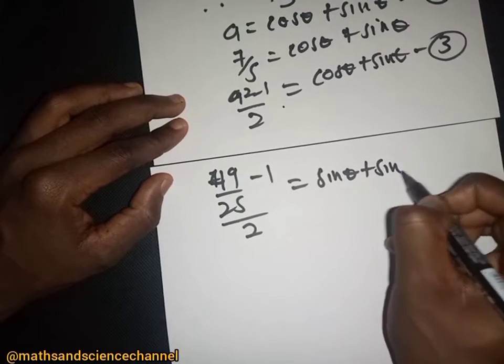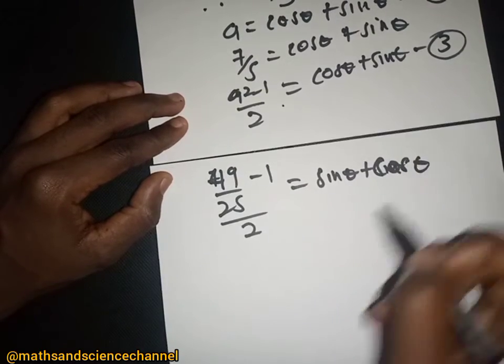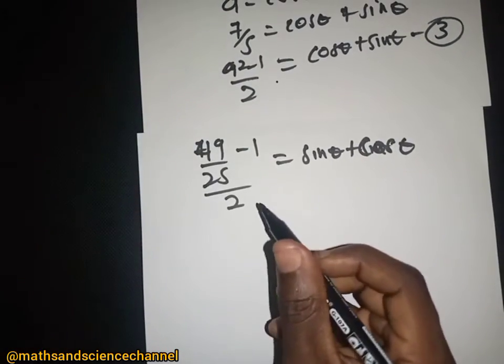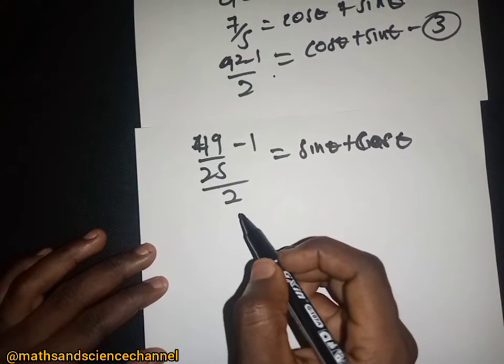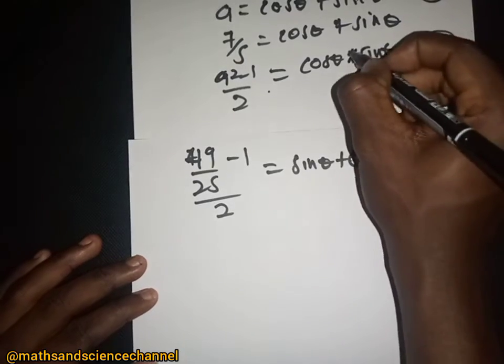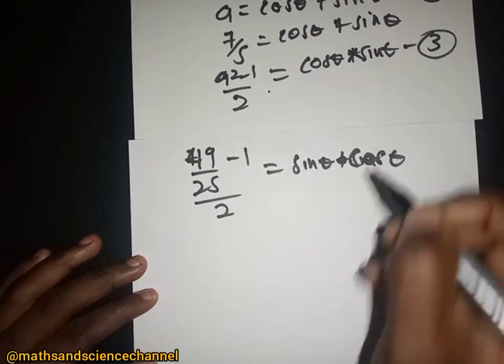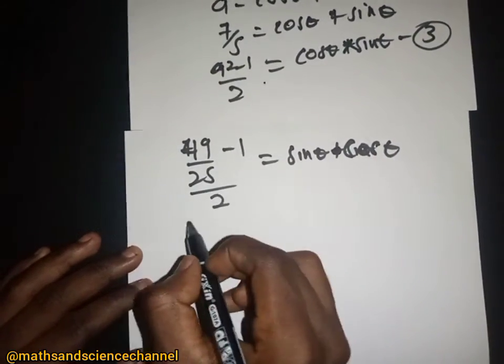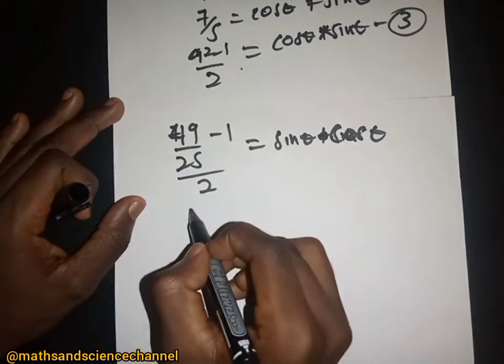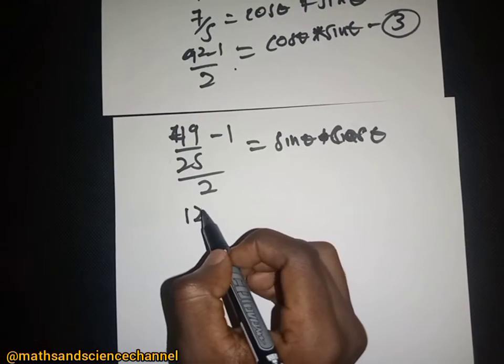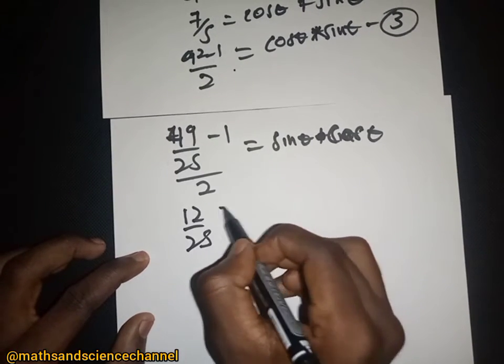plus cos theta, right? Okay, now from here we are going to get sin theta times cos theta, remember, it is the product, so they are multiplying, and we have this to be 12 divided by 25.